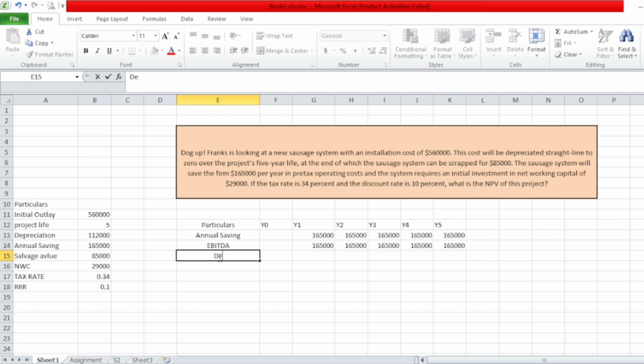Now I will write down the depreciation part for each year, and I will also put a lock. Now I will deduct the depreciation.